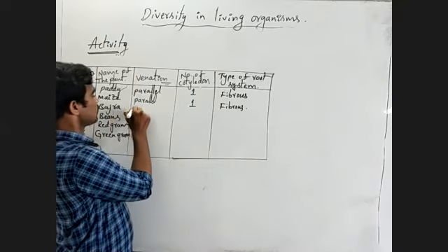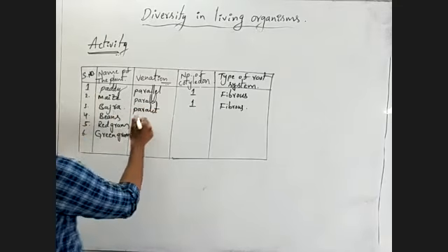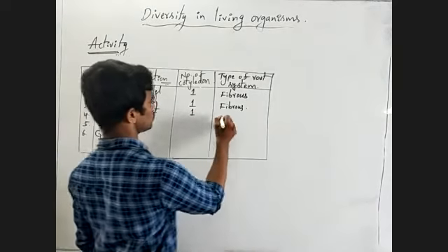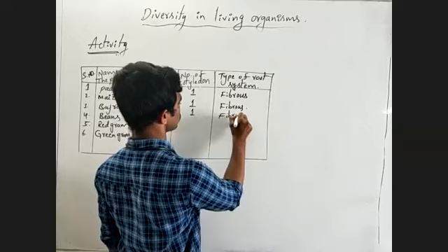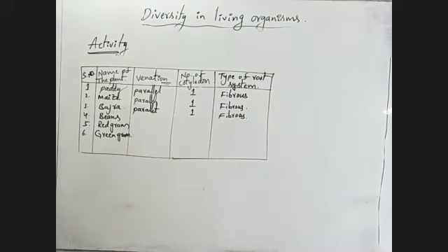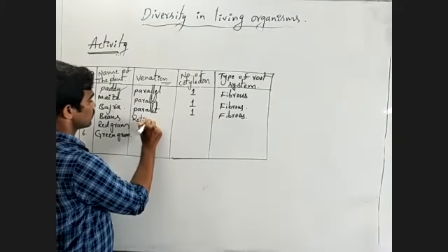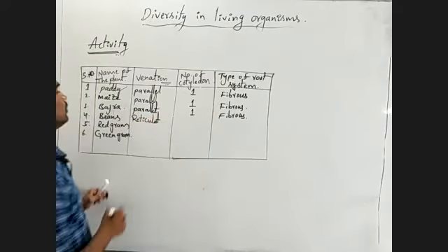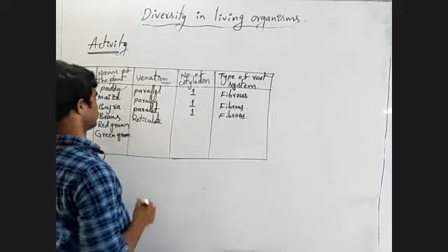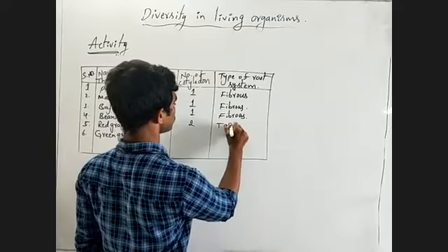Next, bajra: parallel venation, number of cotyledons 1, fibrous root system. Next, beans: reticulate venation, cotyledons 2, taproot system.